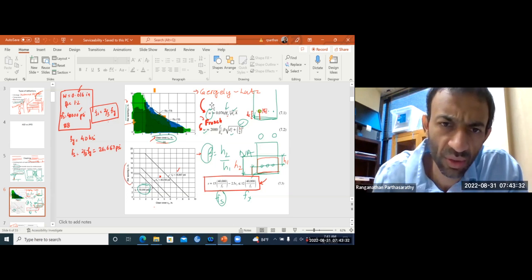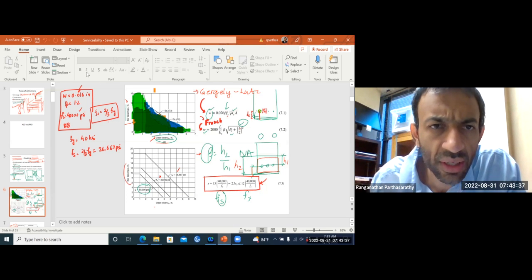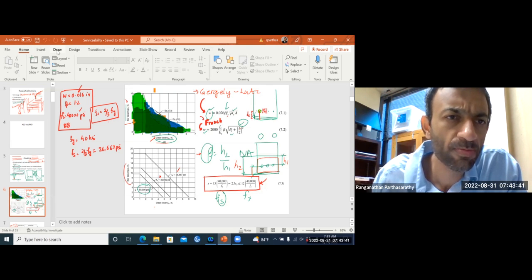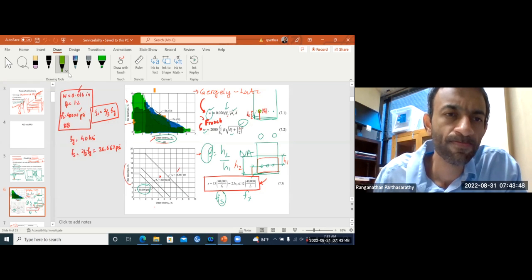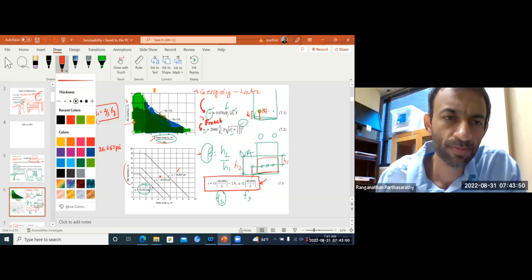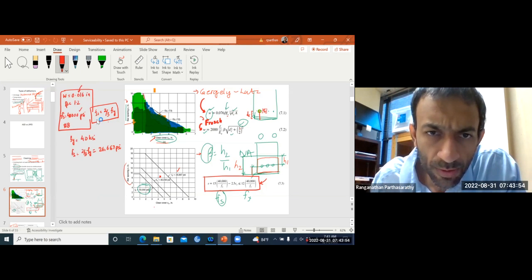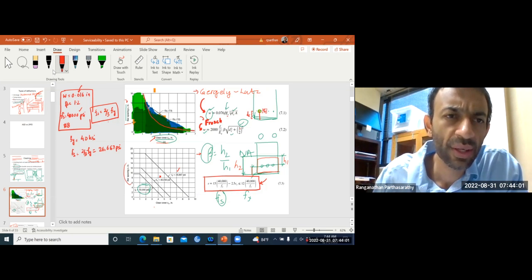This is the equation of Gergely-Lutz, it looks like that. And the equation of Frosch is like that.